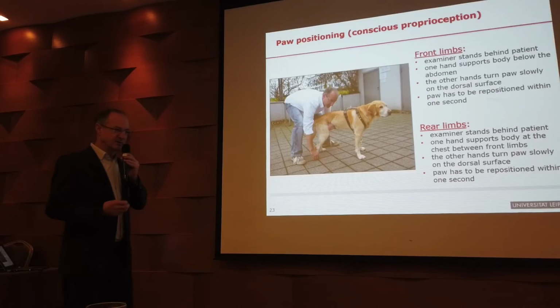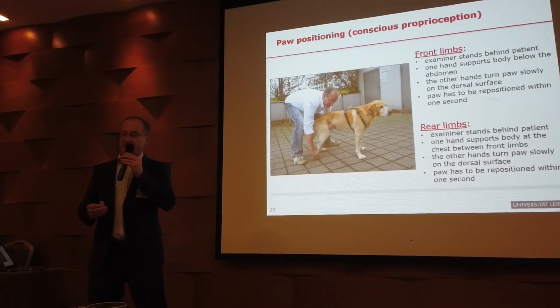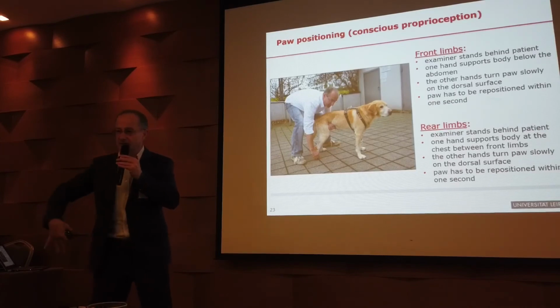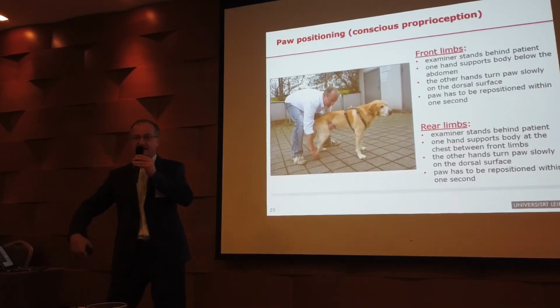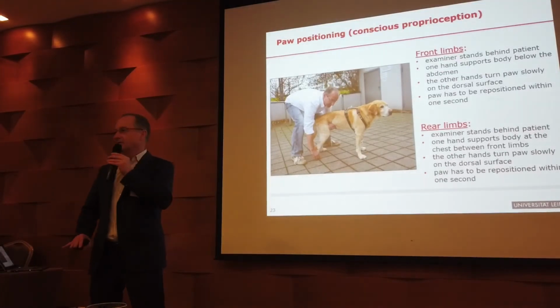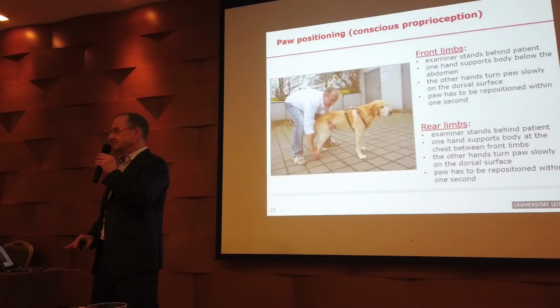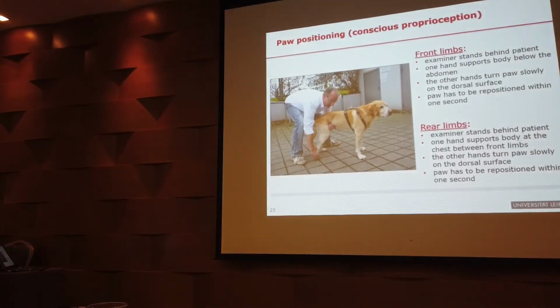A patient with a vestibular disease barely knows where up and down is. And now you try to turn around one paw, and this dog is expected to do a correction. If you do not support that patient, it's virtually impossible to perform the test. So that's why you support the patient, in order to see if there's conscious proprioception or not.